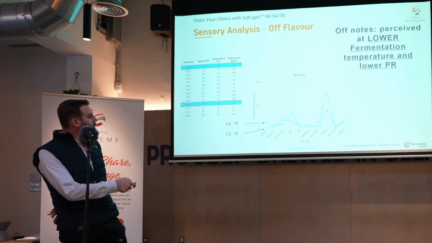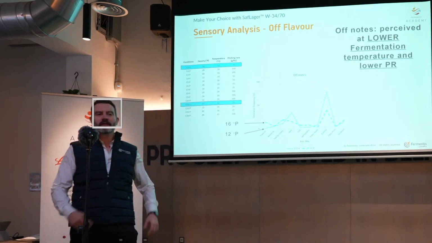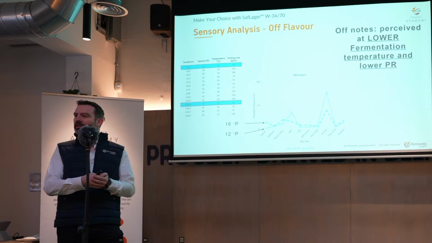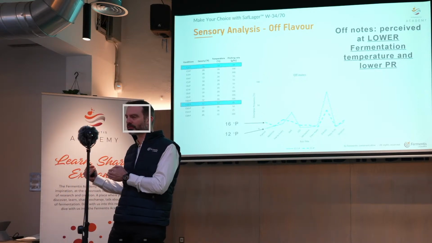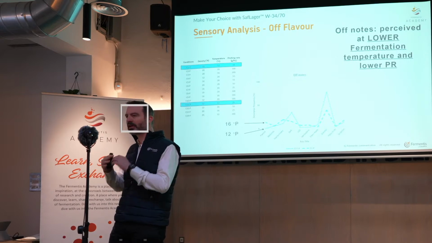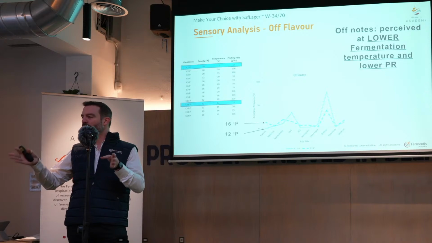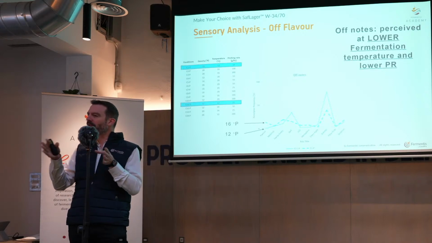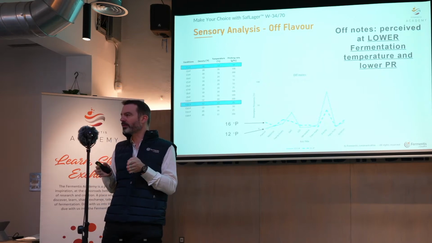For the off-flavor, it was mainly diacetyl, and diacetyl was linked to samples with low fermentation temperature. So we don't have time to go really deep into that, but that's why we make a diacetyl rest. And the higher the temperature, the shorter the diacetyl rest is.